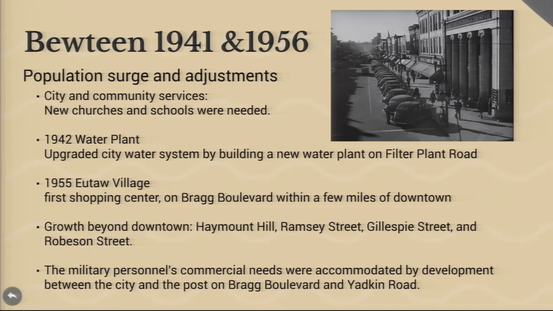And now the population is starting to taper off. Infrastructure is going on. People are noticing, hey, why do I need to go all the way down to the city center? I want something closer to me. So businesses started to do development. Utah Shopping Center was going on. Now we're seeing that people are starting to put in money on the outskirts of what we consider the major business district area.